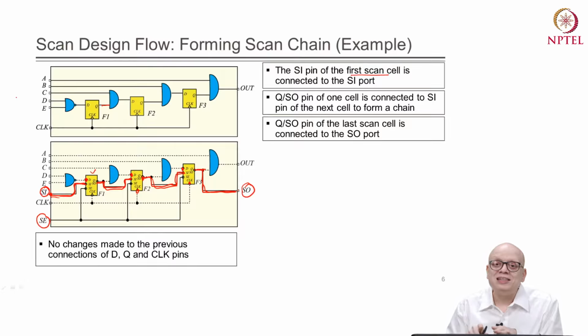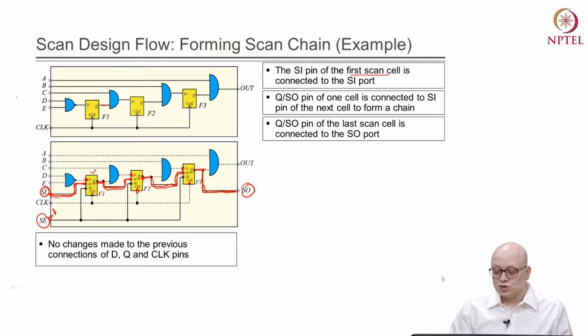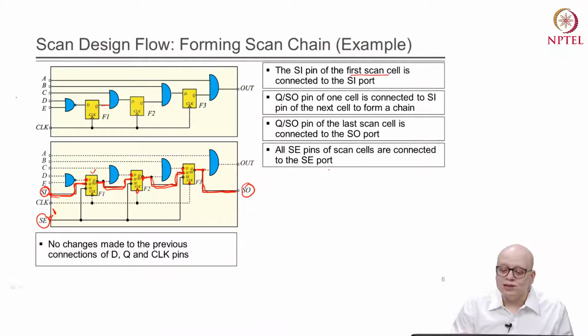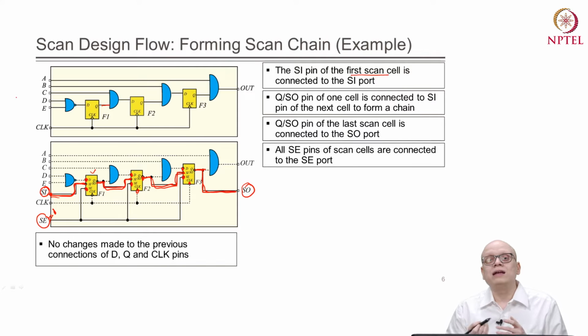Now, when will this shift register be active? When we make scan enable equal to 1, right. So, what we do is that we connect all the scan enable pins of the scan cells. So, this is the scan enable pin of the first, second and third. We connect all of them to the scan enable port that we have created.